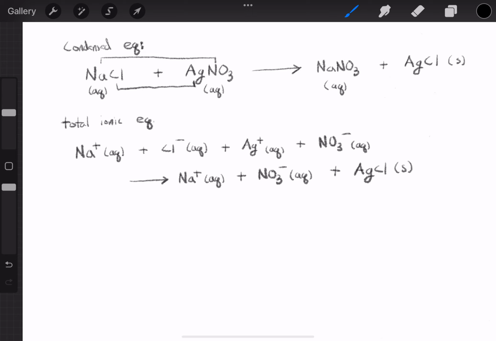All right, next for the net ionic, first we're going to cancel out all the spectator ions, the same ions that appear on both sides of the equation. So sodium, and then nitrate and nitrate, okay? So now we have our net ionic equation. This tells us the reaction that's happening in solution.